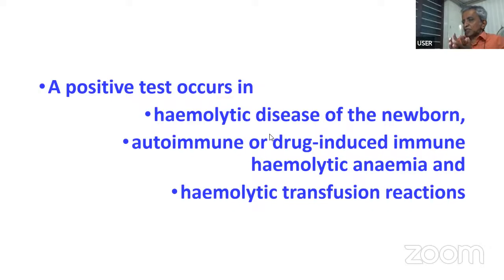Now I am discussing Coombs negative hemolytic anemia. The number of antibody molecules deposited should be more than 200. If it is less than 200, you will not get a positive test, but hemolysis will still happen due to autoimmune hemolytic anemia.